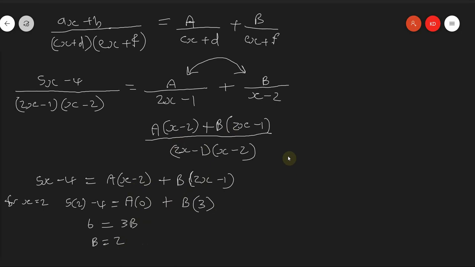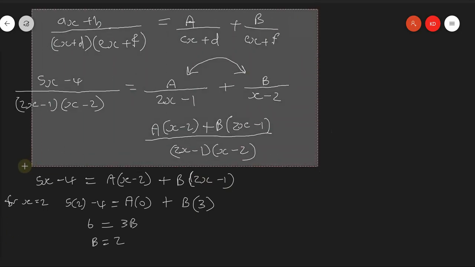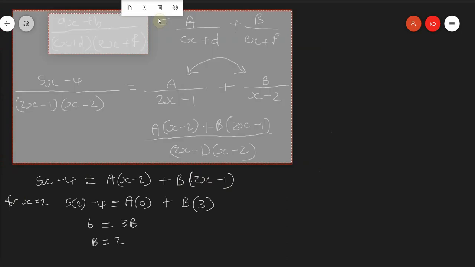So let me do that instead. So let me see, if we choose x as being a half, we would get 1 minus 1 here, which would cancel out the b. So perfect, let's use that. So therefore let me erase the top here. Good.